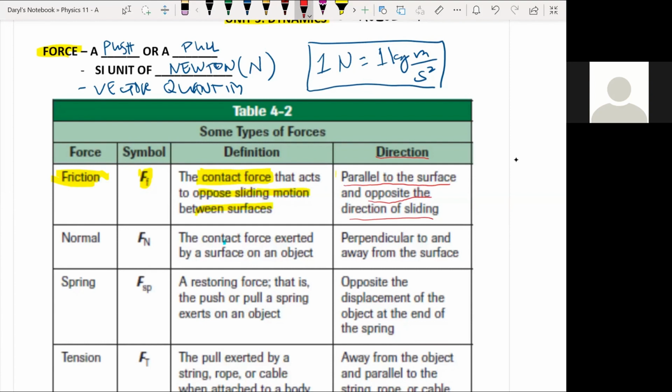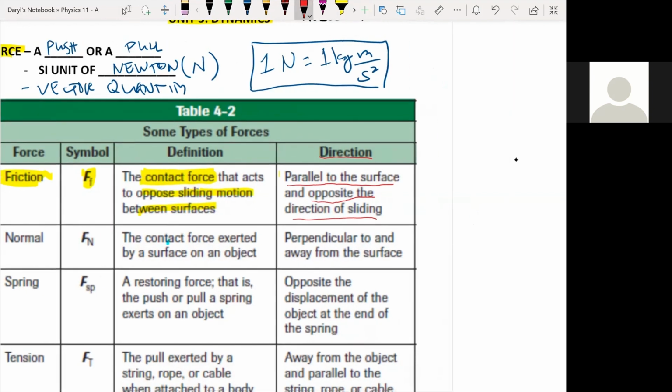So if you have a surface, and an object on top, let's say the velocity of the object is that way, moving to the left. Friction on that object would be to the right. So this would be F sub F.